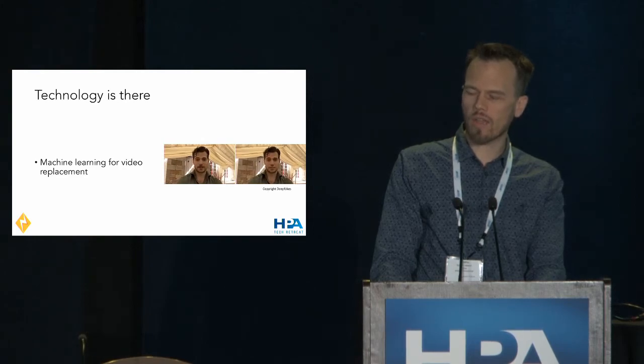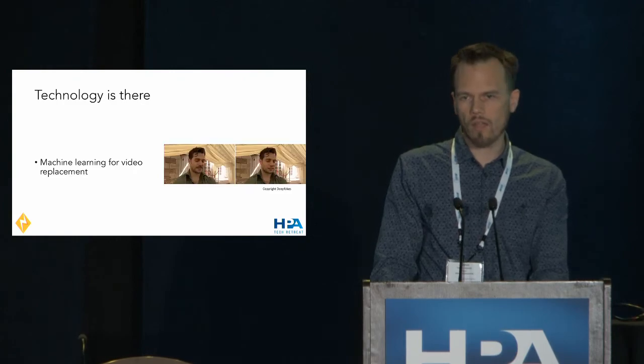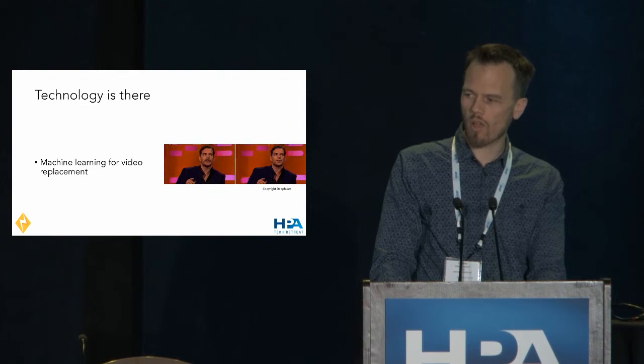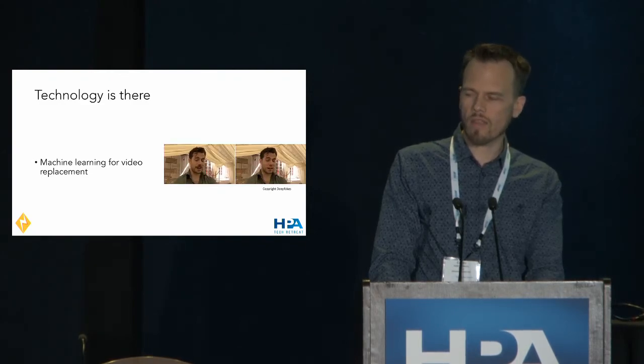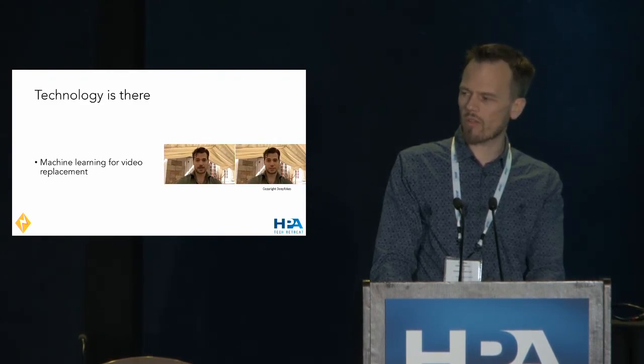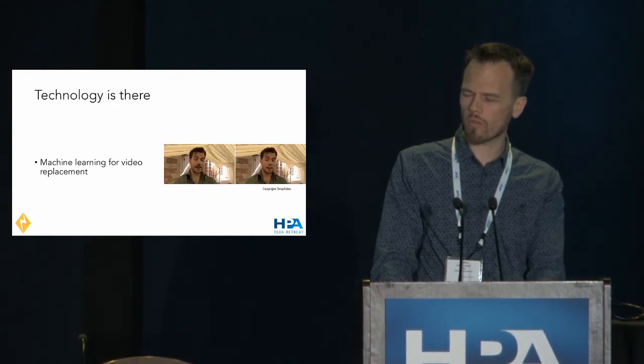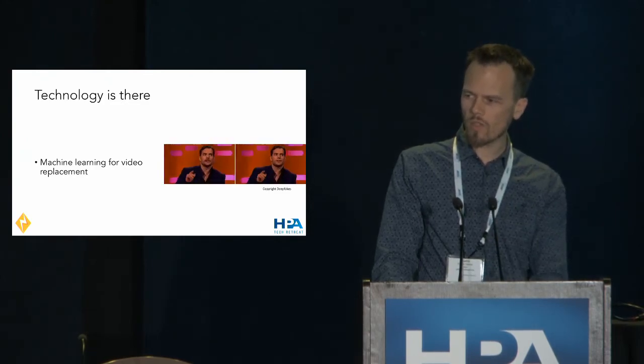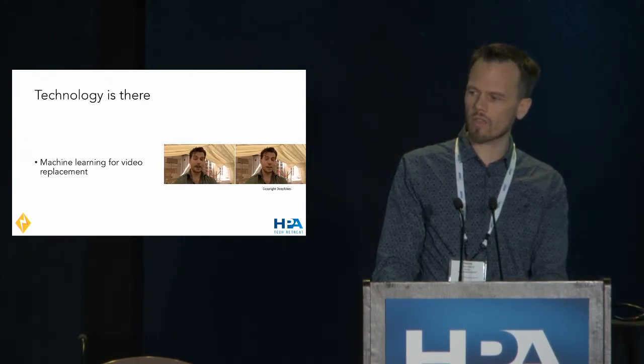He was able to show that he could do that with just a simple PC and open source software and a couple of hours of processing. You might also have seen the same example on the face replacement for Star Wars, the Carrie Fisher recreation. So the technology to do that kind of stuff is definitely there.